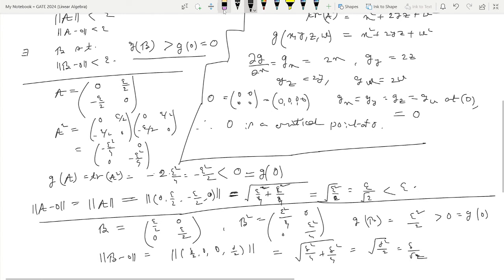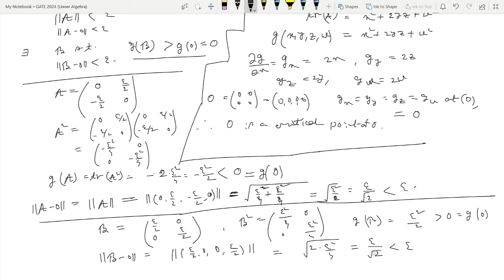And for calculating norm B, exactly in a similar manner, this is epsilon by 2, 0, 0, epsilon by 2, so this is 2 into epsilon square by 4 root over this, that is epsilon square by 2 root, so this is epsilon by root 2, this is clearly less than epsilon.